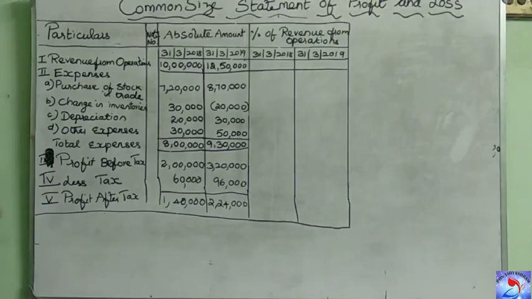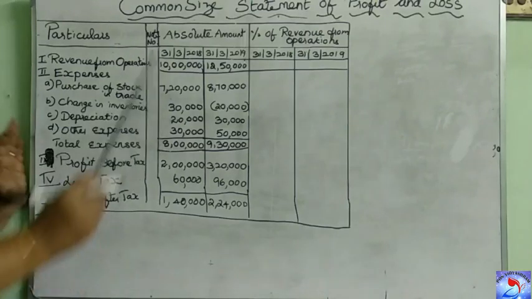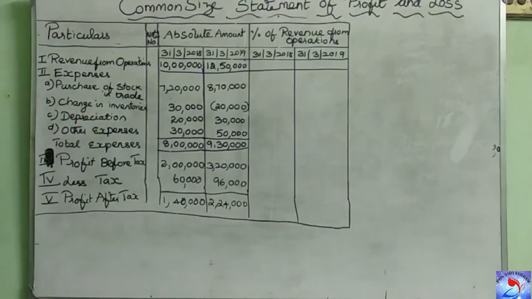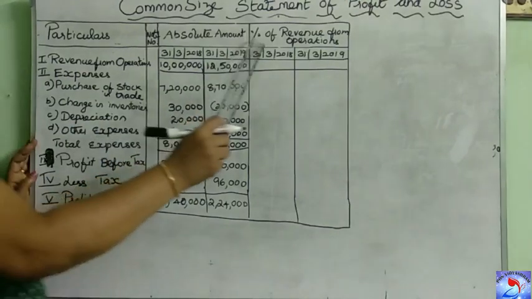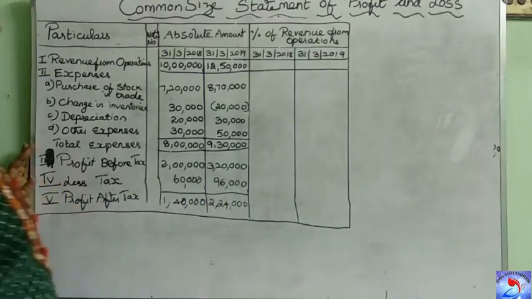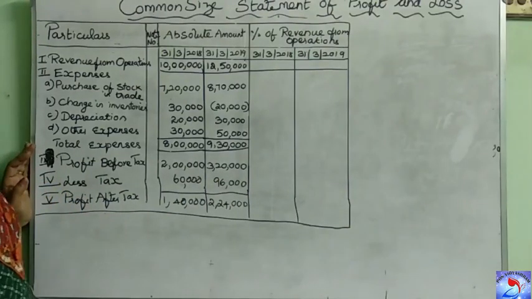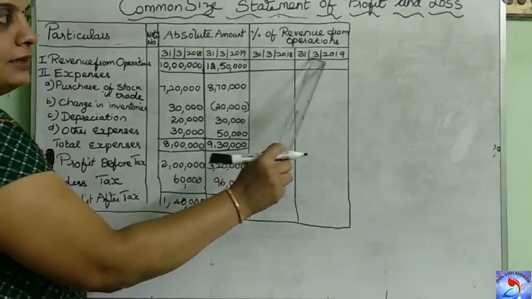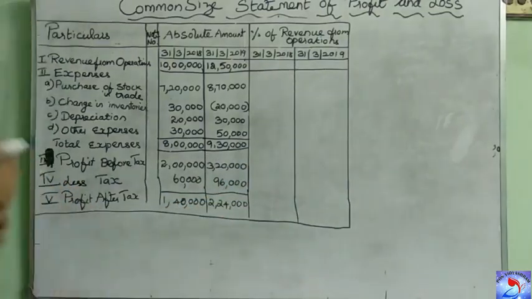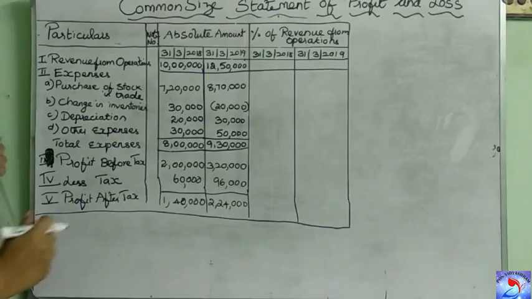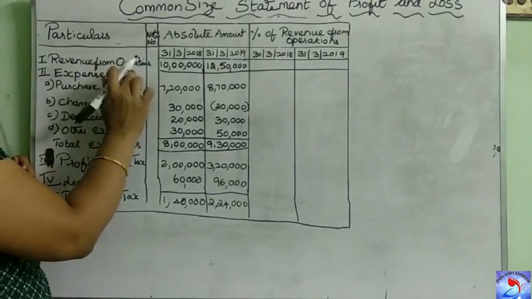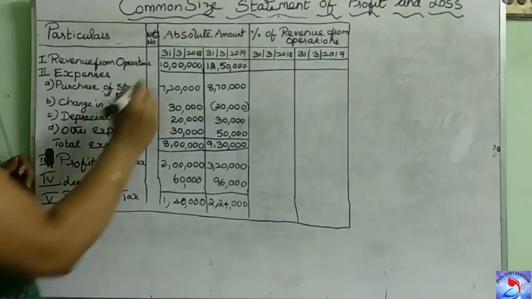Whatever is given in the sum has to be reproduced as it is. Then you find the percentage of revenue from operation for 31/3/2018 and 31/3/2019. As we discussed already, children, what has to be taken as a base? Revenue from operation has to be taken as the base.